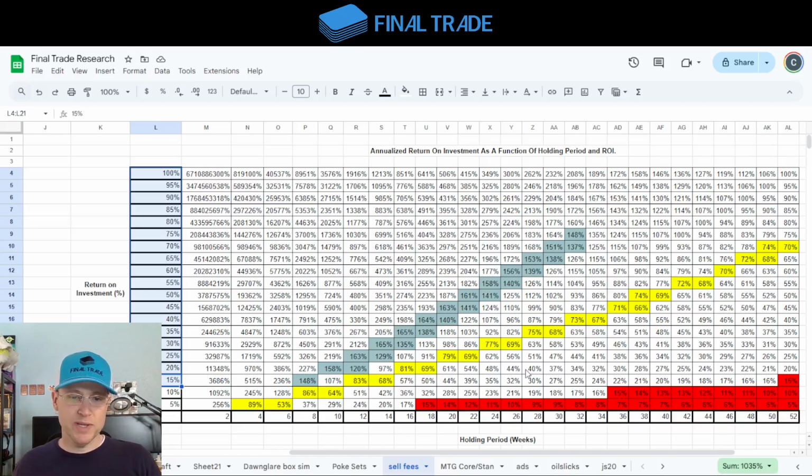Okay. So recently I said I had done some calculations with Final Trade's numbers and I had come up with an annualized rate of return for Final Trade since its inception of 70% per year. So I've highlighted where 70% is on this chart.